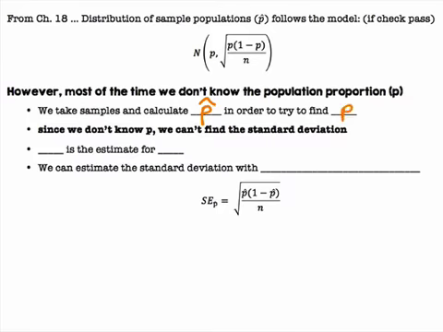Since we don't know what p is, we can't find the standard deviation. So instead, I'm going to use p hat as an estimator for p. Then we can estimate the standard deviation with a new formula called the standard error. Standard error is just like standard deviation, except instead of using p, I'm using p hat.